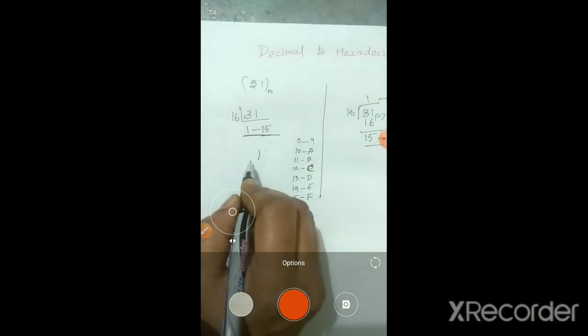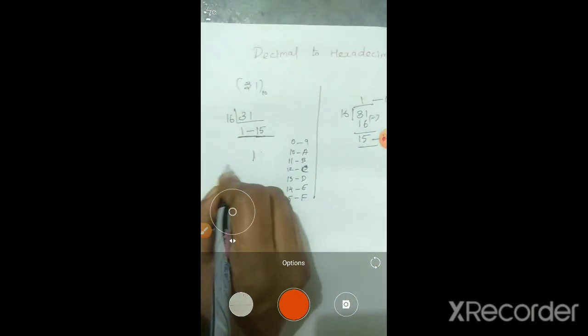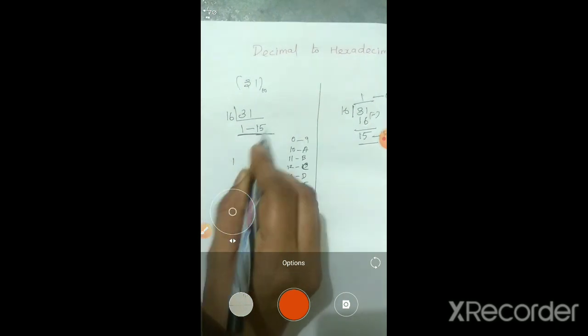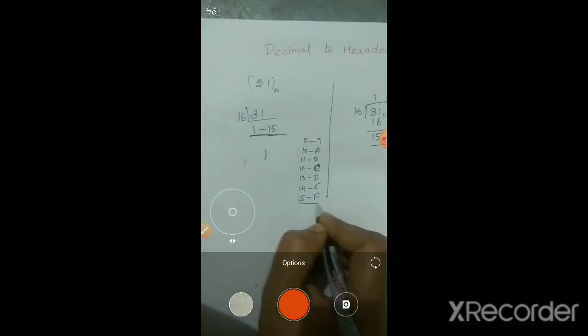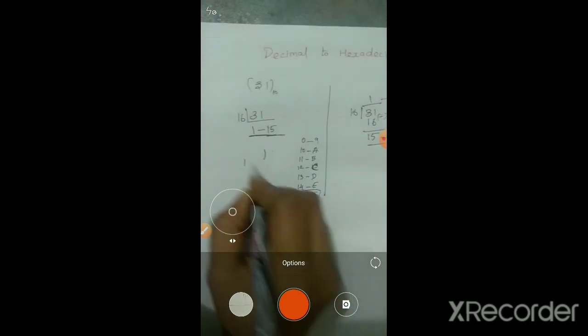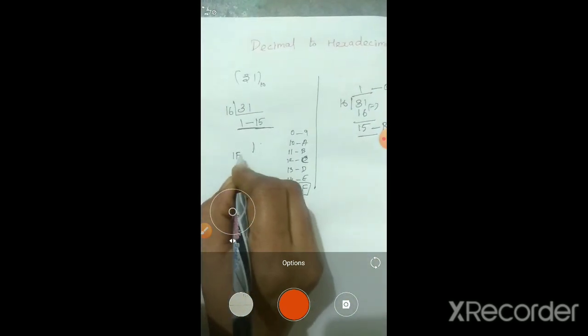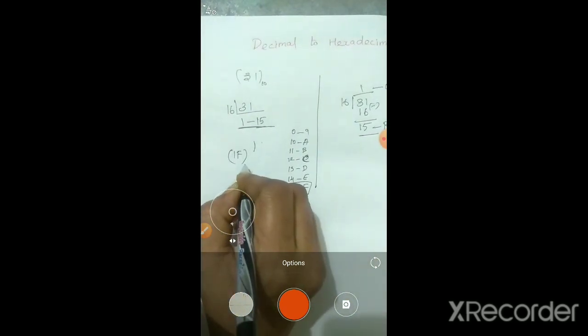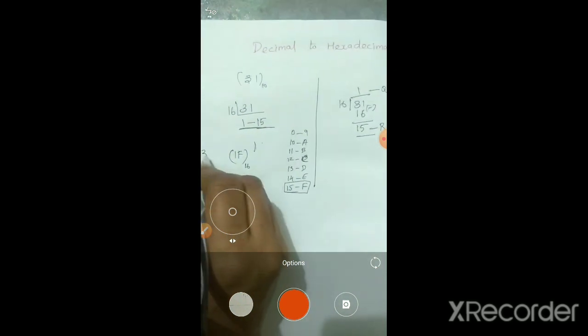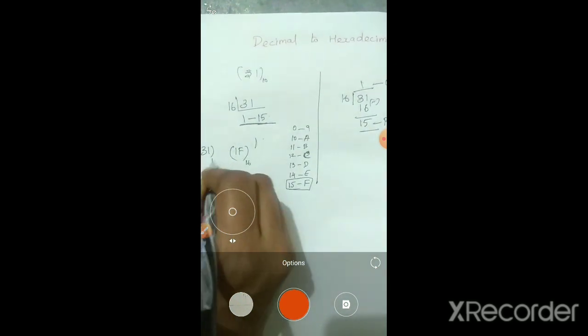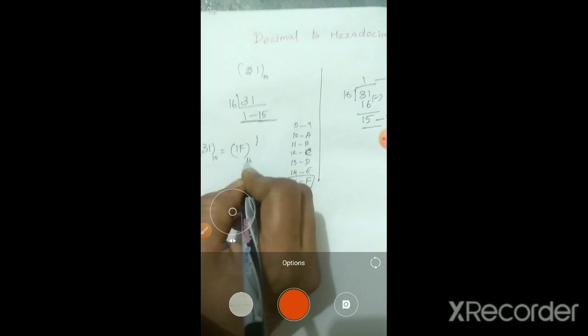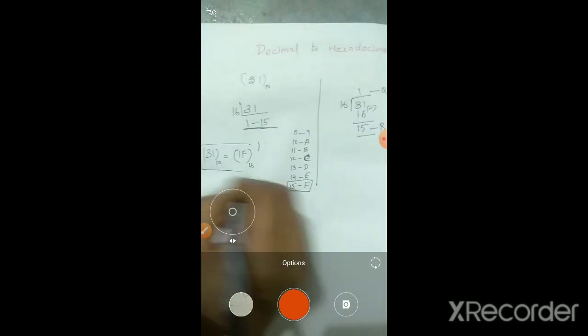Now how to write this? 1 is as it is, you write 1. Here 15 is equivalent to F. So 31 decimal's equivalent hexadecimal is 1F.